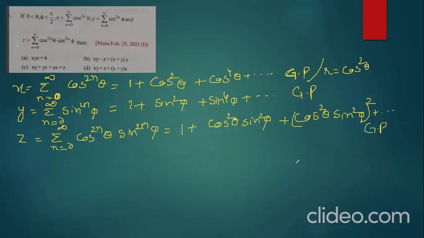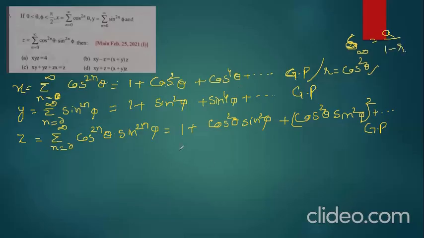Okay, all are GP. Because we are writing the sum to infinite terms, S infinity is equal to a by 1 minus r.